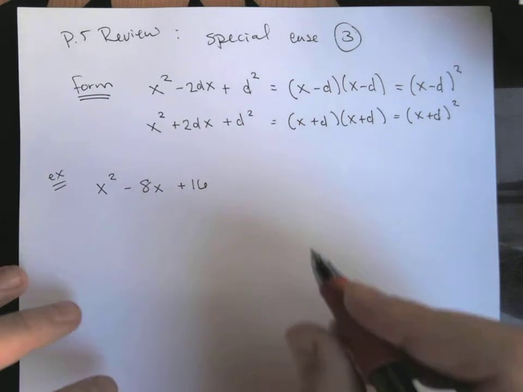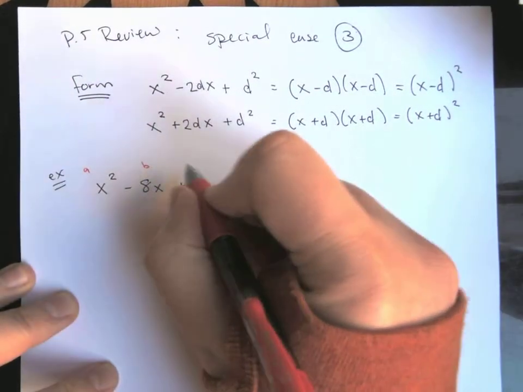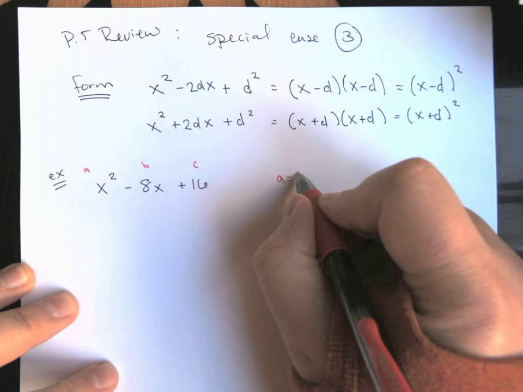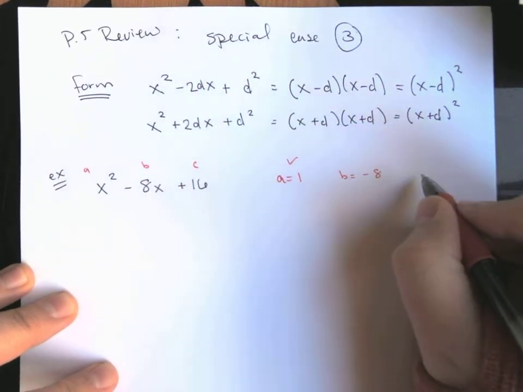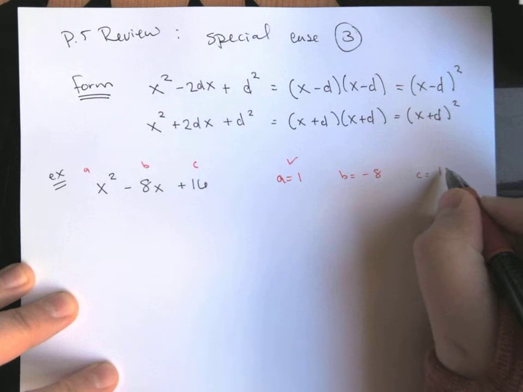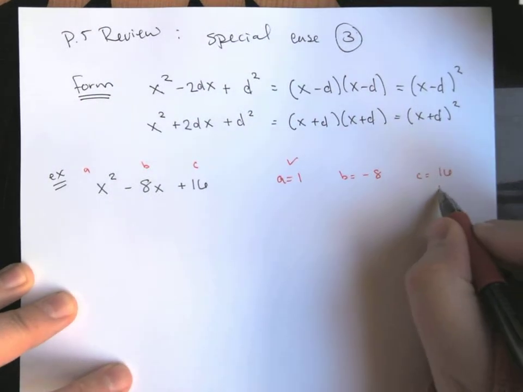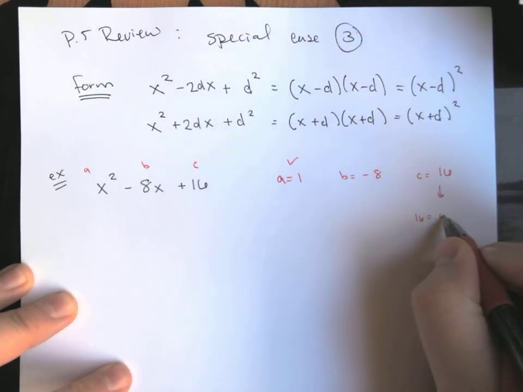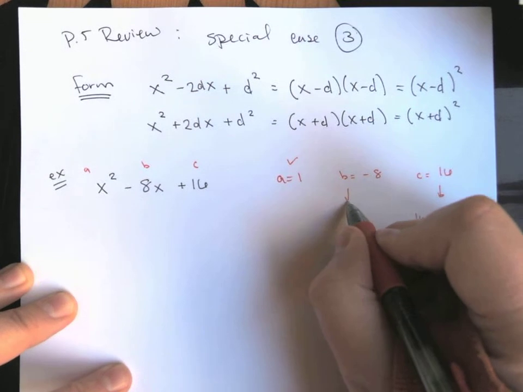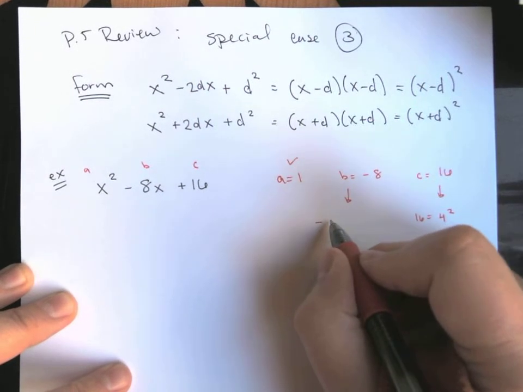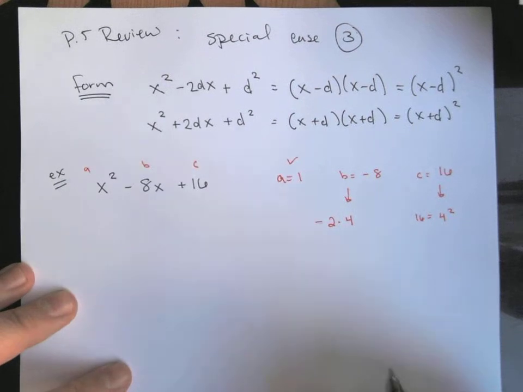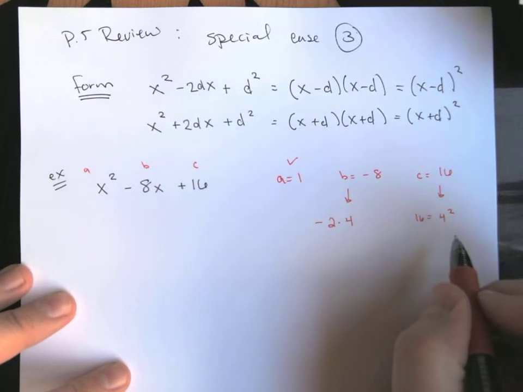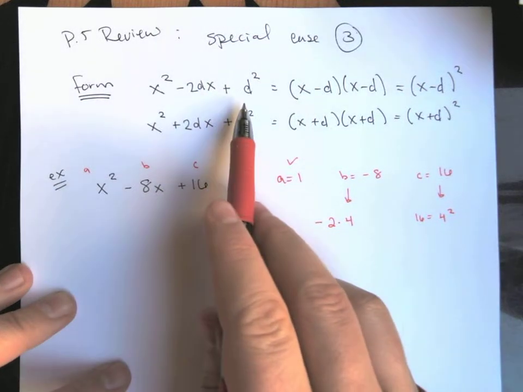So our idea, right, a, b, c. So a is 1, so that's cool. B is minus 8, and my C is 16. And so what's happening here, right, 16 is going to be 4 squared, and my B term would be the negative version of 2 times 4. So the 4 is really the key number here. The 4 is acting as my D value.